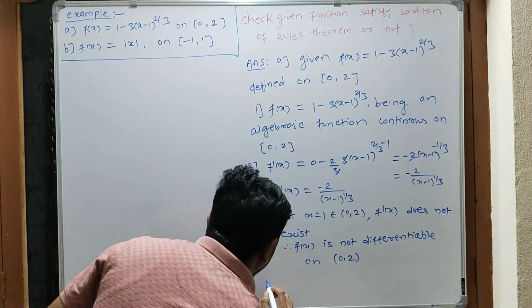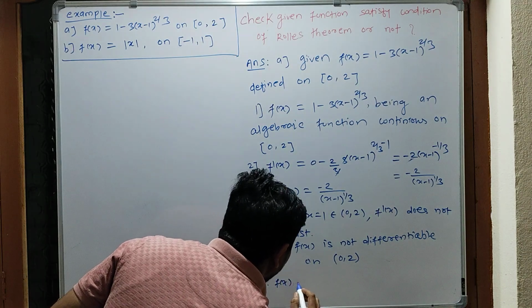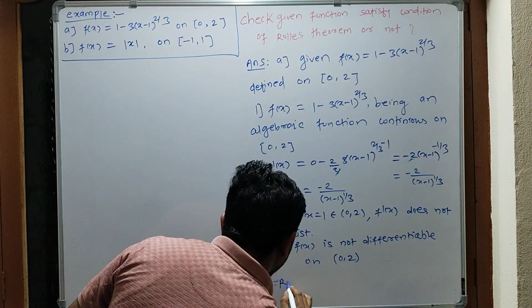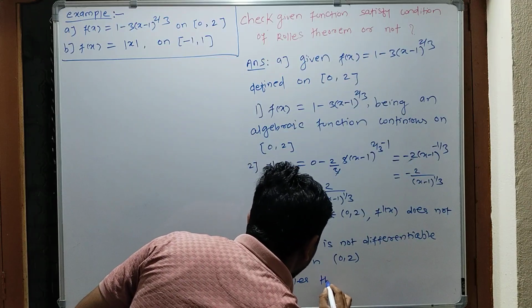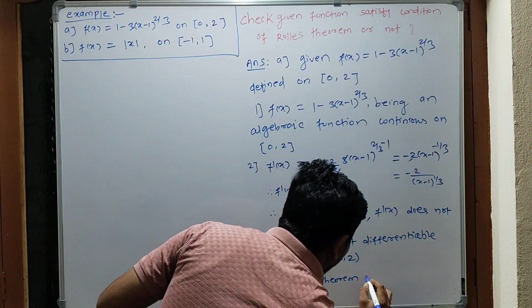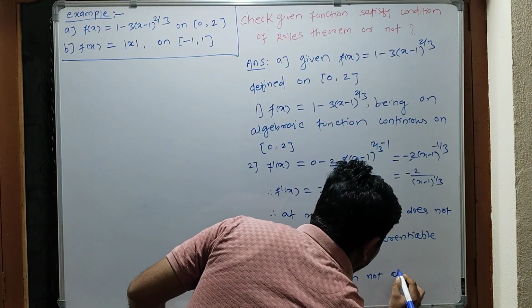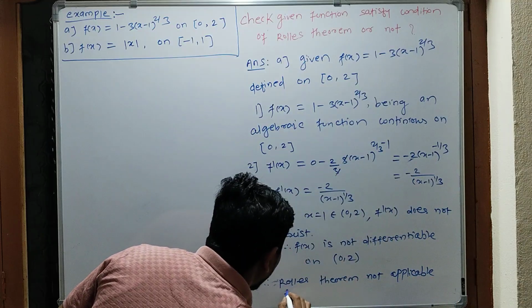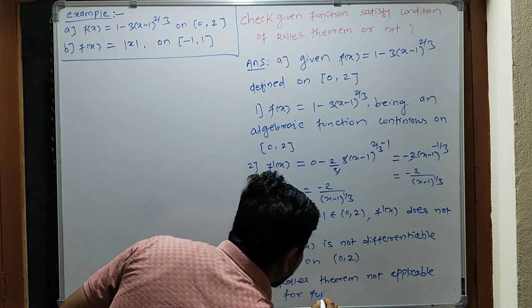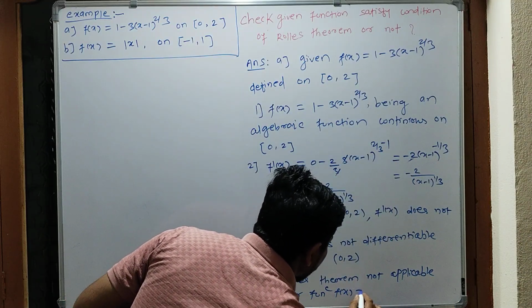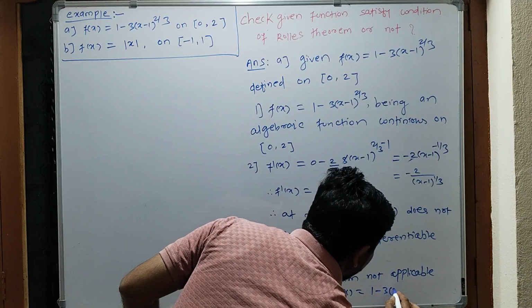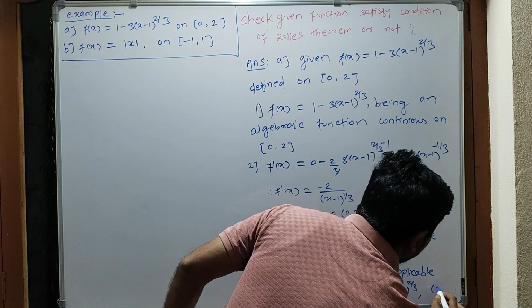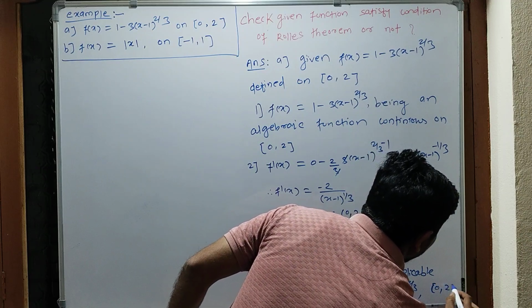Therefore Rolle's theorem is not applicable for the function f(x) = 1 - 3(x - 1)^(2/3) on the closed interval 0 to 2.